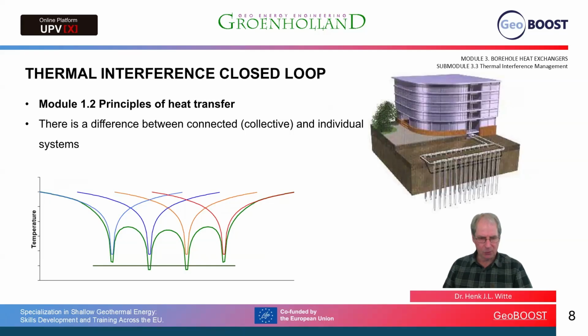In design methodologies like Earth Energy Designer or GLIPRO or EWS, different codes exist. Usually the average over the whole borehole field is calculated and the effects of interactions are expressed as more or less heat extraction from a particular borehole, depending on the relative position in the borehole field.